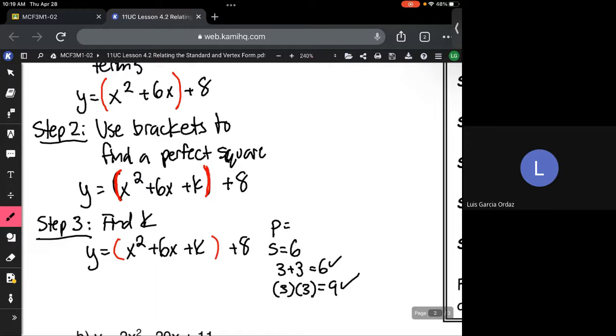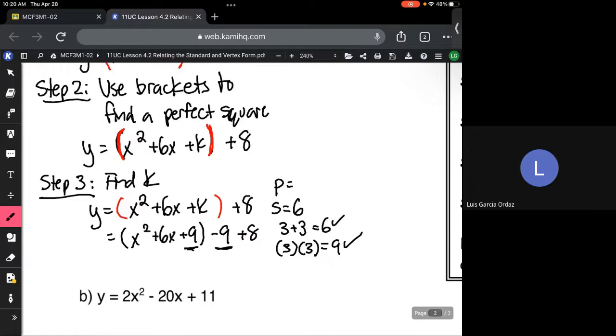Perfect. So now I'm going to rewrite what I have. I know that my perfect trinomial is going to be x squared plus 6x plus 9. Now this is where it gets weird. We know our k is 9. But on the outside of the bracket, you know how I had that number randomly on the outside? I'm going to have a minus 9 out here as well, because these two are what make a perfect square, and then the plus 8.